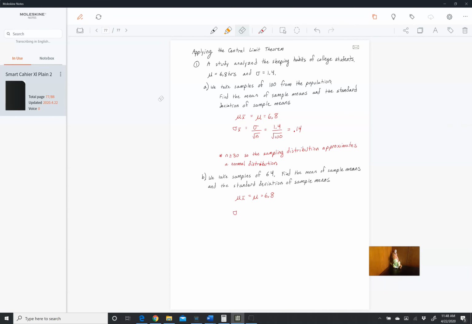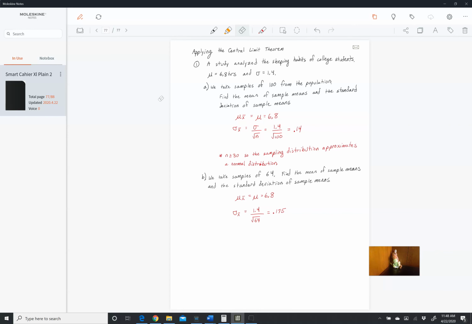Now our standard deviation of sample means is 1.4. And this time, instead of taking the square root of 100, we take the square root of 64. And this gives us 0.175.